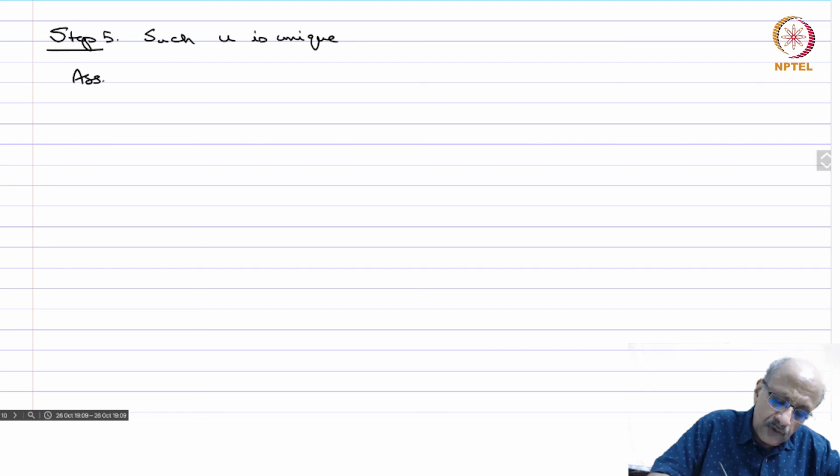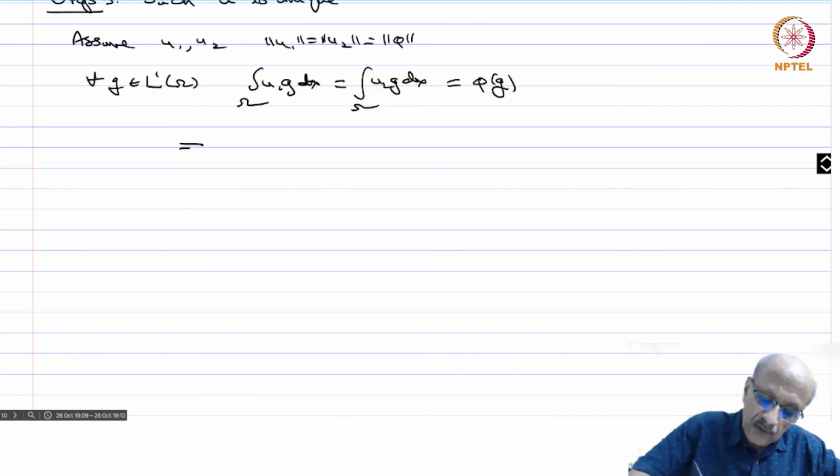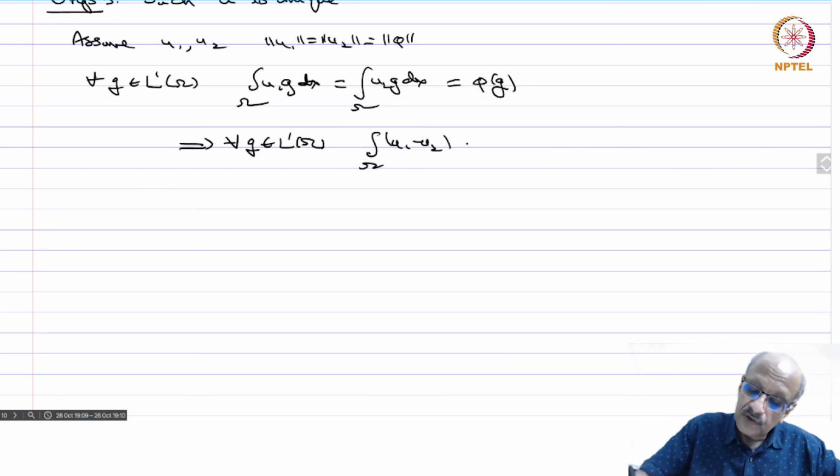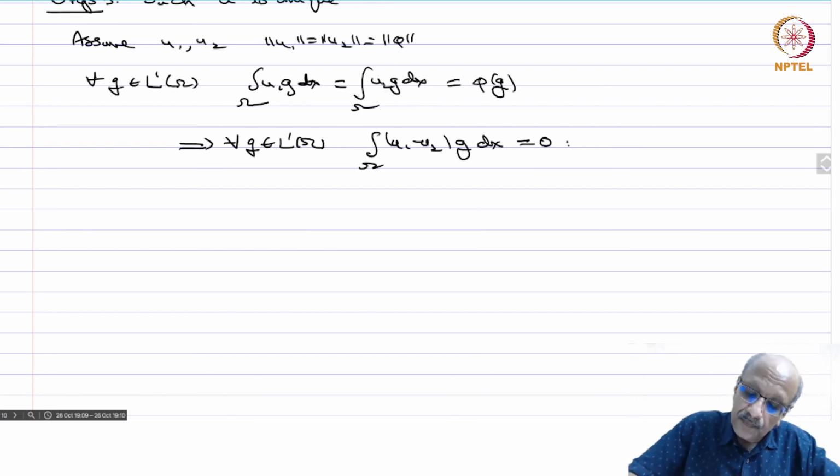Assume u1, u2 such that norm u1 equals norm u2 equals norm phi, and for all g in L1 of omega, integral u1 g dx on omega equals integral over omega u2 g dx equal to phi of g. So this implies for all g in L1 of omega, you have integral on omega of (u1 minus u2) g dx equal to 0.